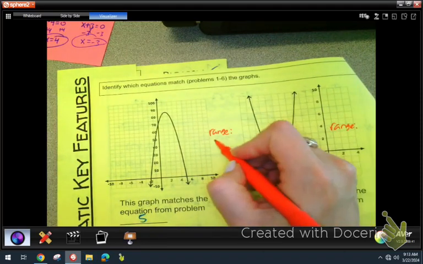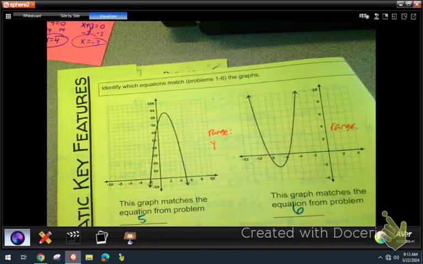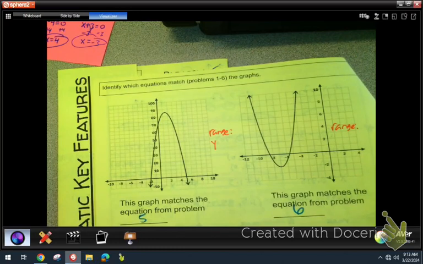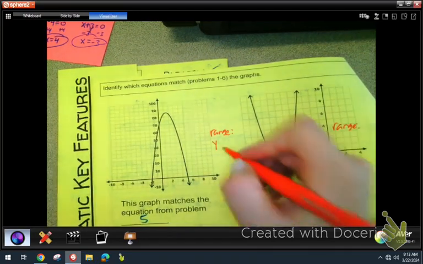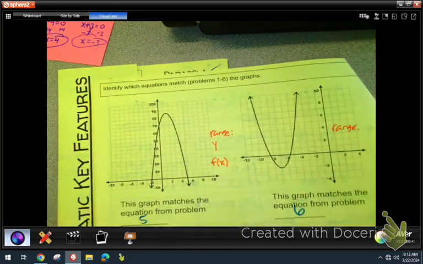Y. So I would put y first, every single time. Or what's another way that you can write y? F of x. Very good. Sometimes they'll use f of x, so I want you to know either of those. Those are both talking about outputs. Those are both talking about y's.